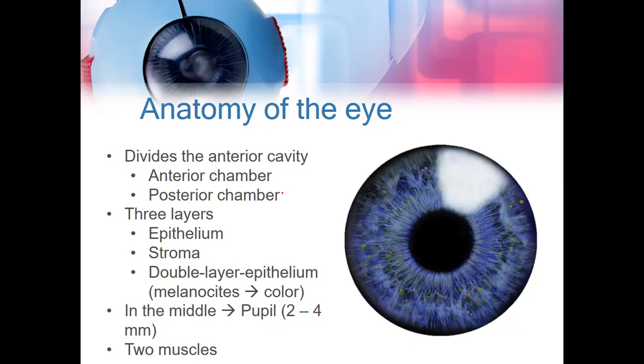Does anybody know what the sympathetic stimulation does to the pupil? Come on, guys. You can tell me in Spanish, maybe, if anybody knows. I know that you know, guys.